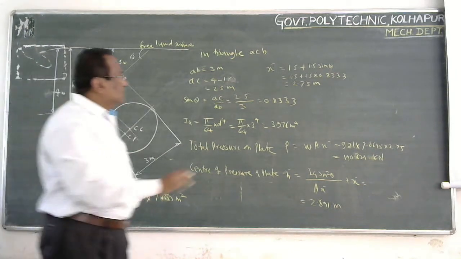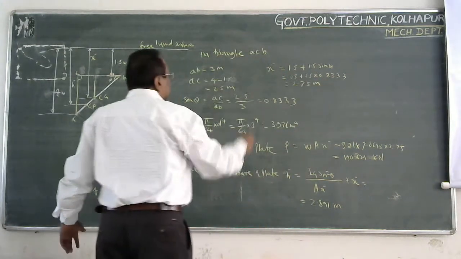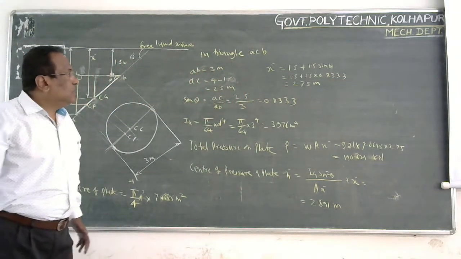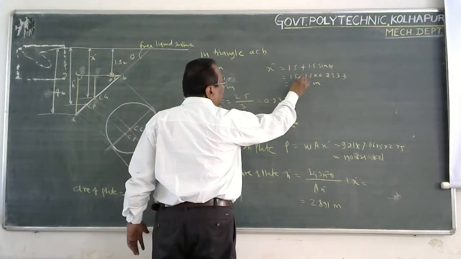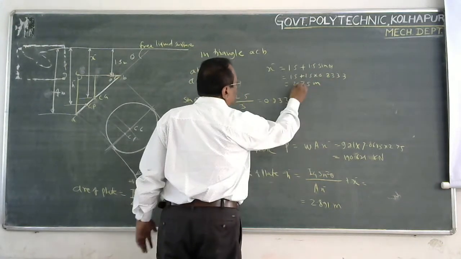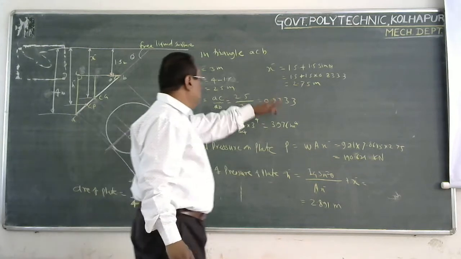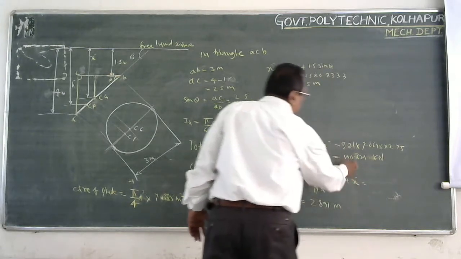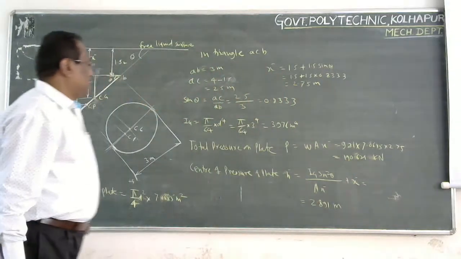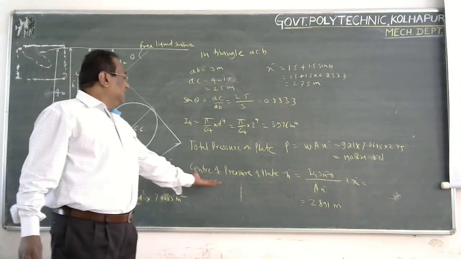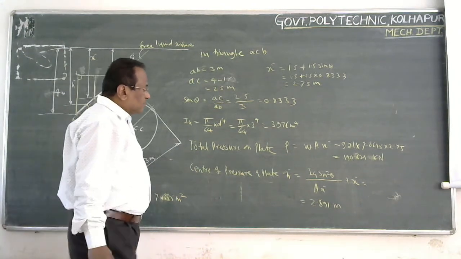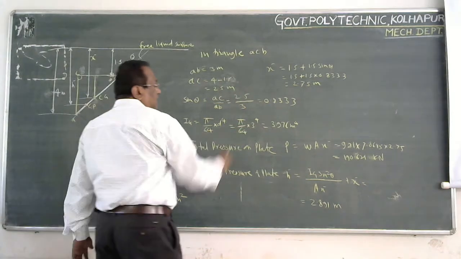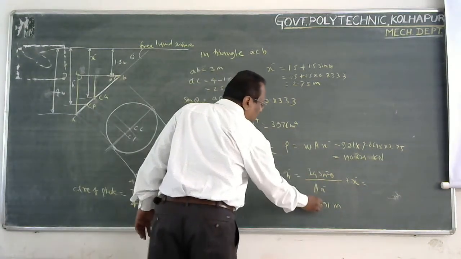So 1.5 plus 1.5 sin theta. We know the value of sin theta, that is 0.833. 1.5 plus 1.5 multiplied by 0.833 comes out to be 2.74. Put this value here in the formula, you will get the total pressure 190.621 kilonewtons. To calculate the center of pressure of the plate h bar, we need Ig, which we have calculated here. Put all these values here, we will get the center of pressure.